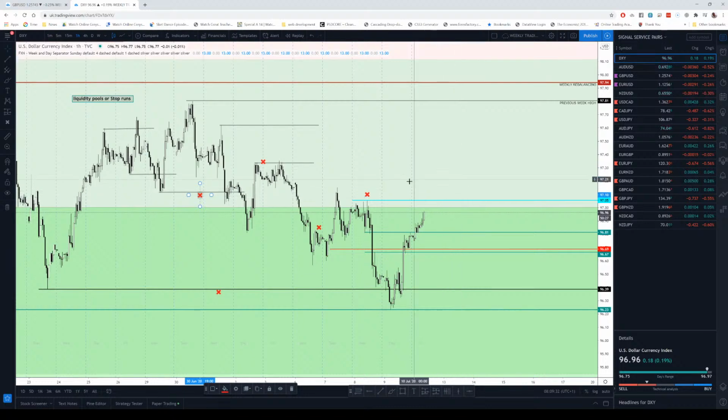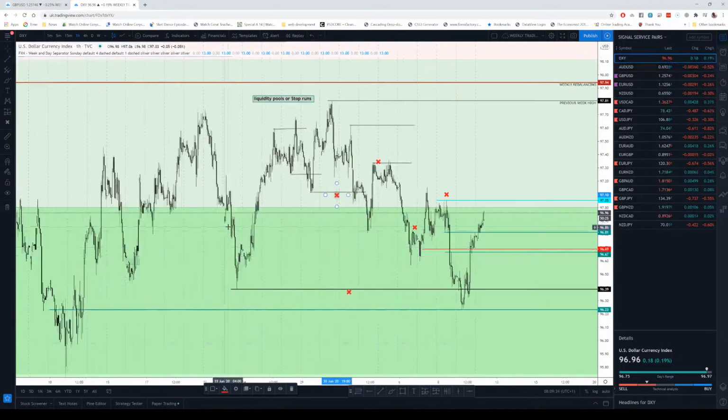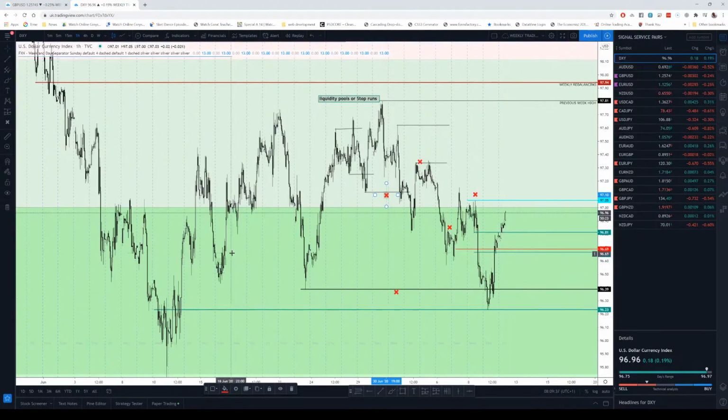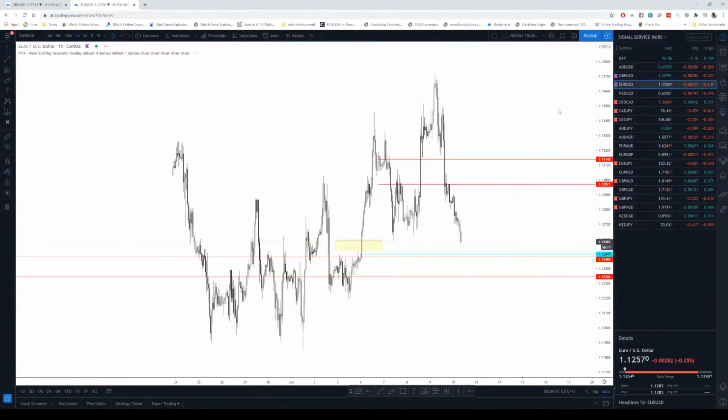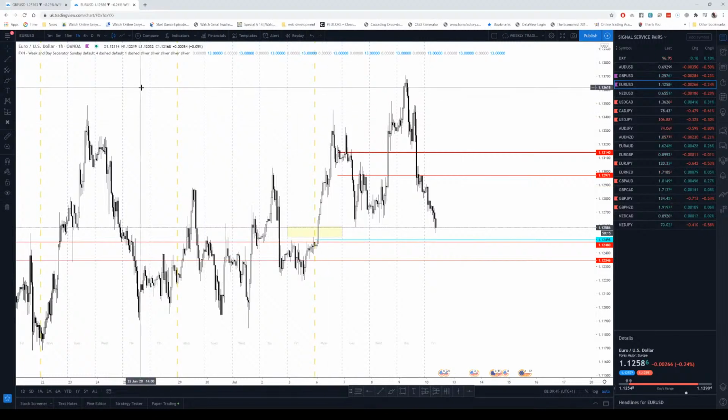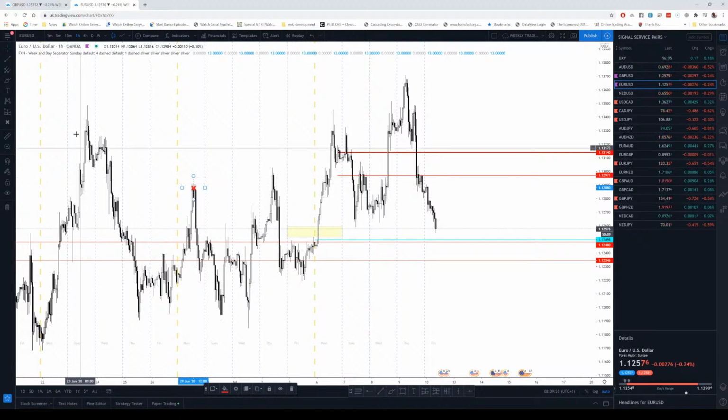It's not really apparent on here, but because we are in an overall large range, you are going to see it on the pairs that you trade. I'm going to go on Euro and show you quickly how it looks. It takes out the stops and then runs down quickly.